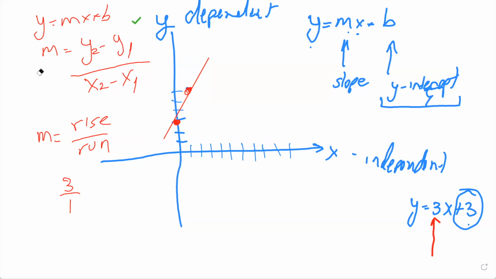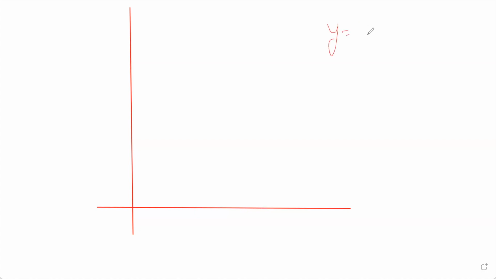Now, let me erase everything here and make a new line. I'm going to try to make it a straight line, a definition of how to make a line. So let me write a really simple formula. I'm going to write y equals x. This is a simple line.